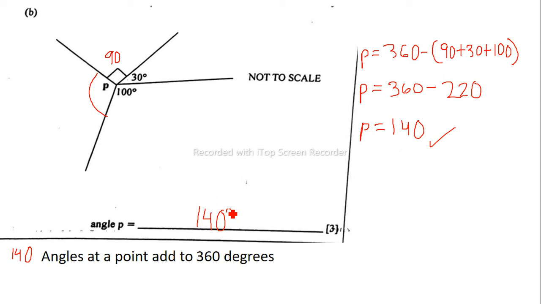Then plus 90, then you get 140. Oh, interesting. Why did you take 100 and 30 and subtract it from 180?